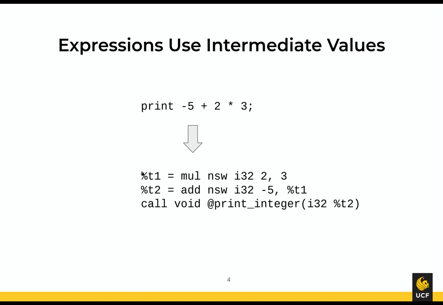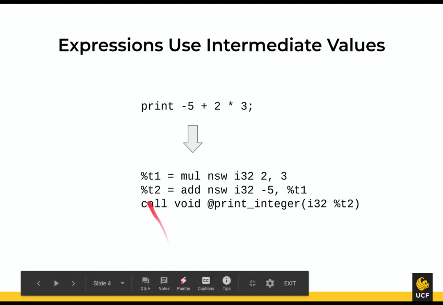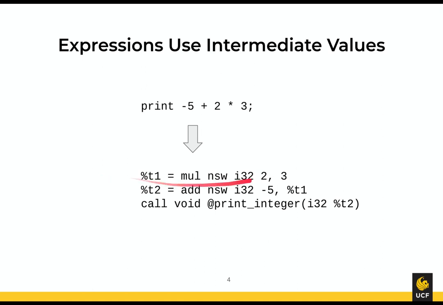So one way to compute this arithmetic expression using machine code or IR is to do the 2 times 3 first and store it in a temporary value. Here we're storing it into T1. And then we just do the addition using that temporary value. So now we've got -5 plus T1, our temporary value.